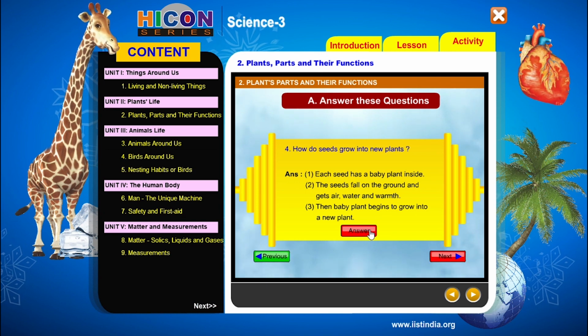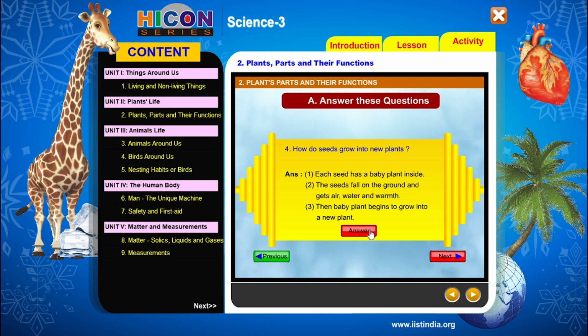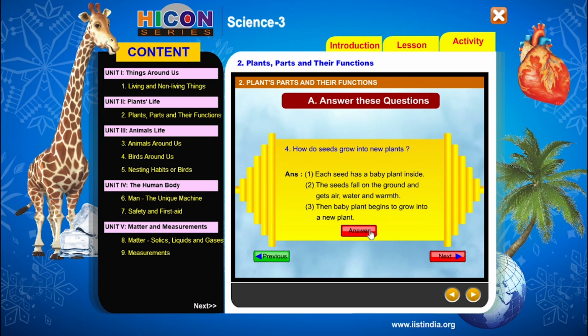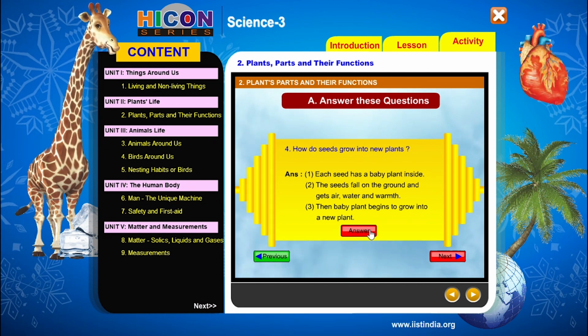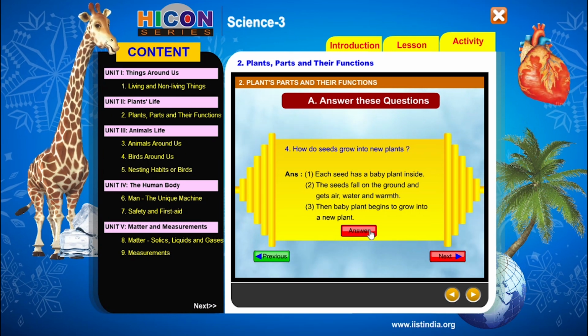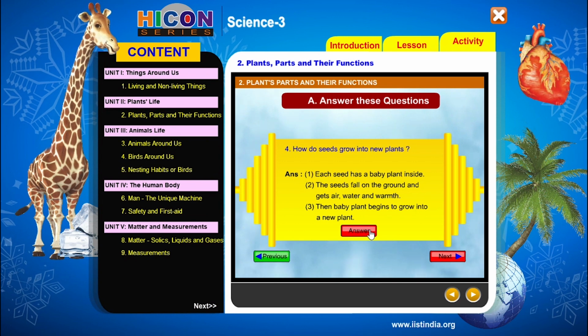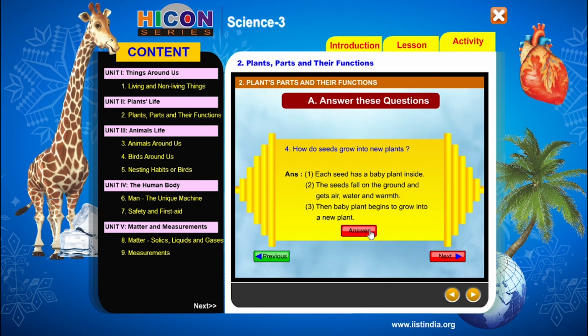So particularly the seed is a non-living thing and the seed contains a small baby plant called embryo, and actually it does not have life. And if the seed is supplied air, water and warmth, then the water enters into the seed, then the baby plant gets life and it grows into a small plant.